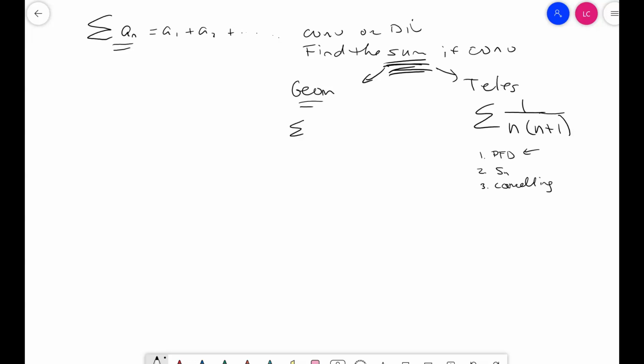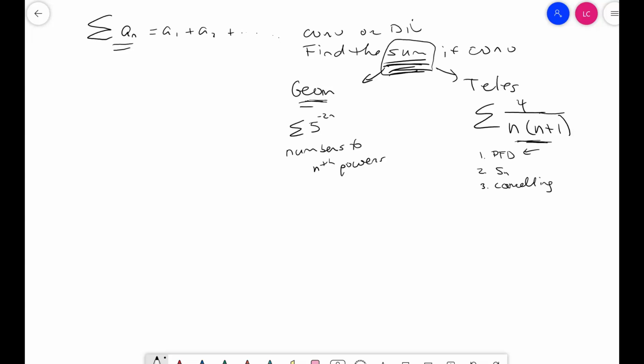Geometric is going to be something like 5 to the negative 2n. It's going to be numbers to the nth powers. That's when it's going to be geometric. So telescoping is going to be polynomial. Things in the denominator, it could have a number up here, right? But numbers to the nth power is going to be geometric.